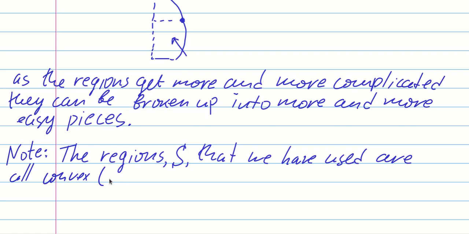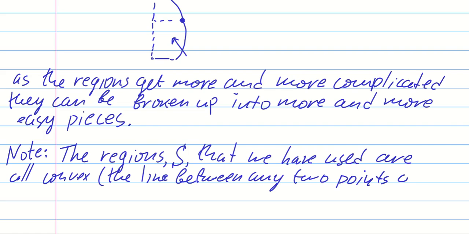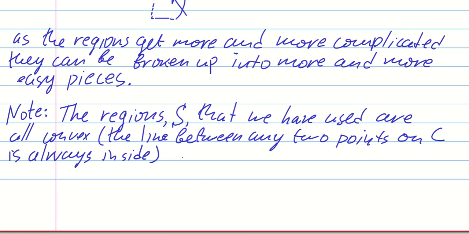So again, what does it mean? The line between any 2 points on C is always inside. So what does it mean for us? We had something like this: function, straight line, right?